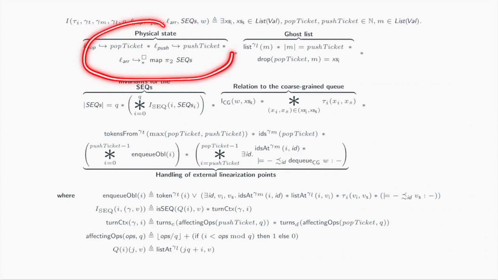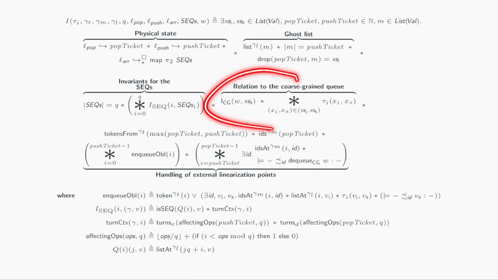For instance, there are some points-to predicates to represent the physical state of the queue. There are some assertions to make sure that the MPMC queue and the coarse-grained queue have the same state. And then since the physical state of the MPMC queue doesn't necessarily correspond to the abstract state of the MPMC queue, we use a ghost list which keeps track of the elements in the queue.